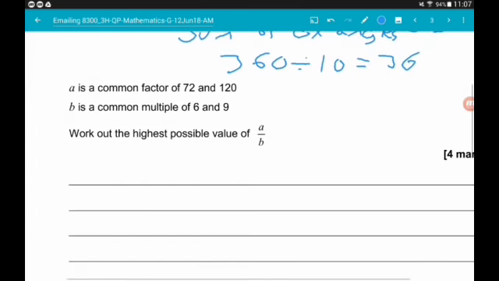Question 5 says A is a common factor of 72 and 120. B is a common multiple of 6 and 9.